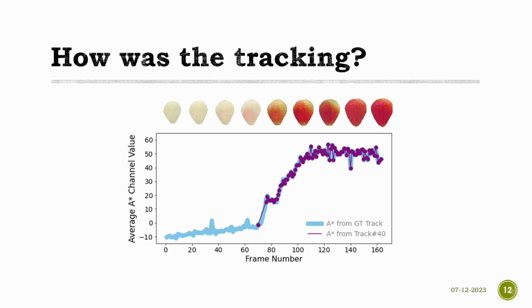So, let's see how it works. For this strawberry, track number 40 described most of its life, mainly from half red to fully red. There is another track, number 15, which described the life when it was still green, until some red started to occur.